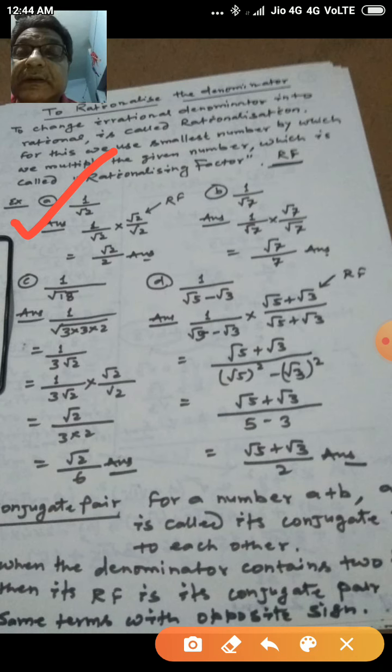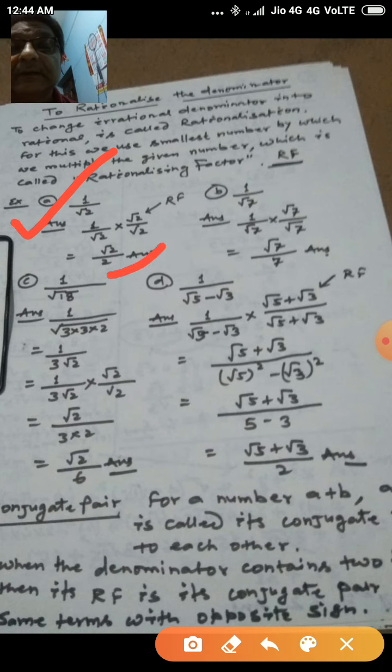You just see that presently the denominator is root 2, which is an irrational number, so we want to change it into a rational number. So we take the smallest number, root 2, by which we multiply numerator and denominator, and then we get root 2 by 2.